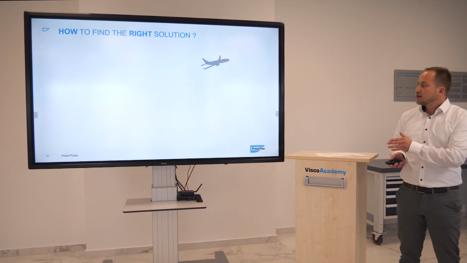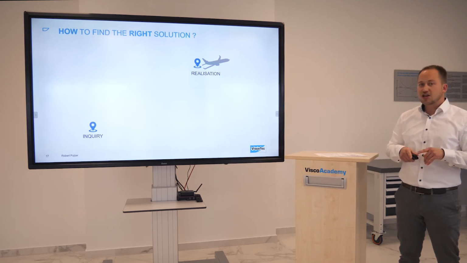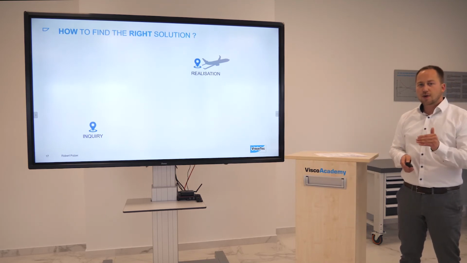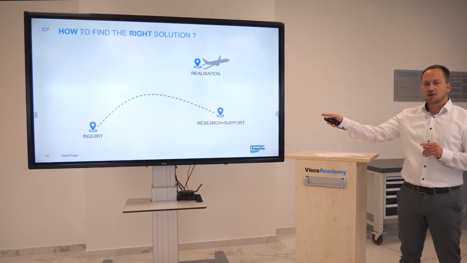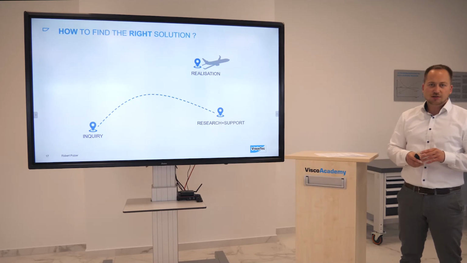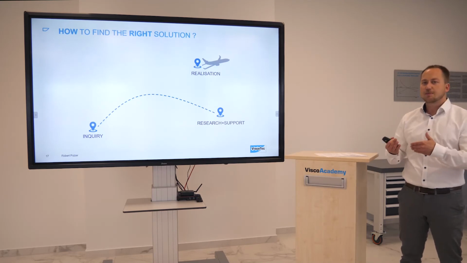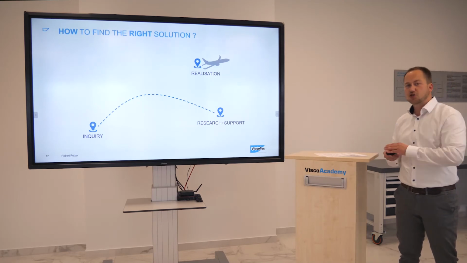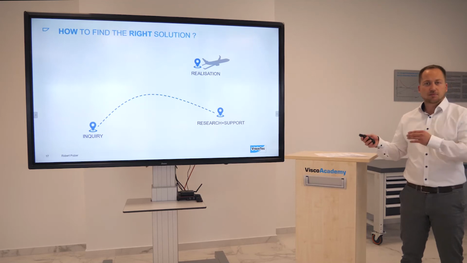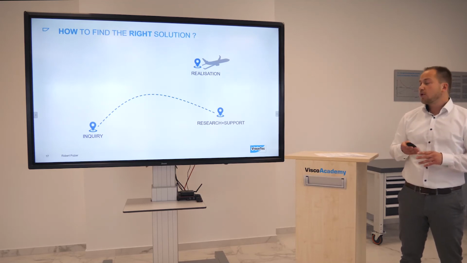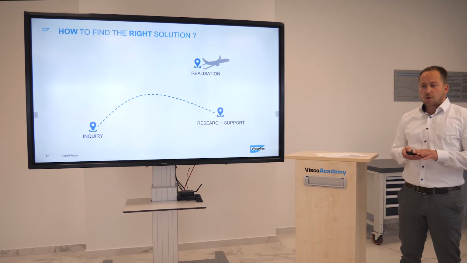And that's why it's not inquiry and realization straight, it's always inquiry, then we make research and support. We have some questions because we know already what is important for this project, what is important for that project. And then it takes some days, sometimes some weeks. When we have this information, we can make, if necessary, a trial.